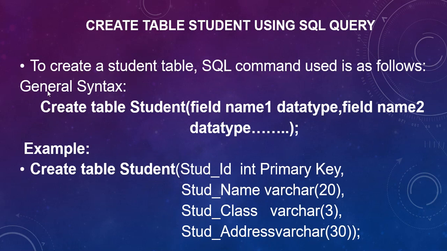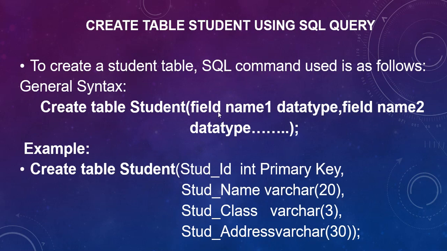Okay, so the general syntax for creating a table: create table, then table name. Here I have given the table name as student. I repeat, the general syntax for creating a table is create table, table name. Whatever field names you want to enter, you can give under the brackets. Here I have given field name 1, followed by the data type, then comma, field name 2, then data type.